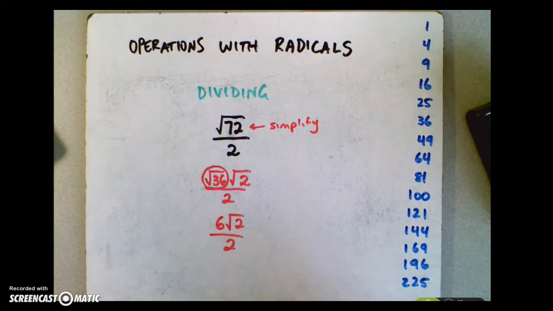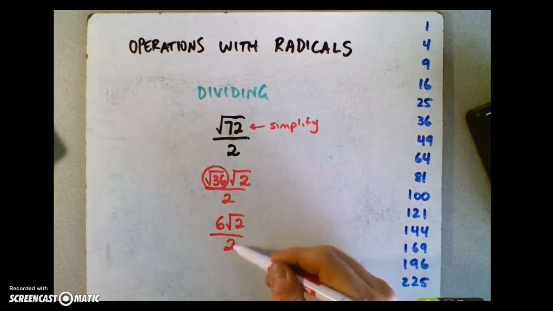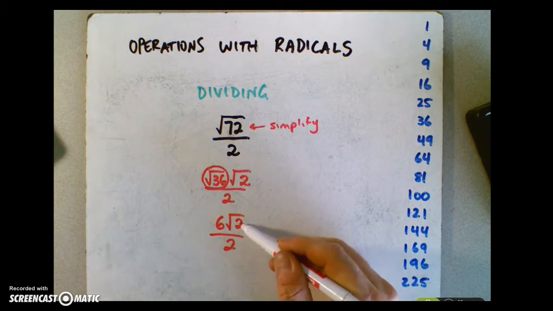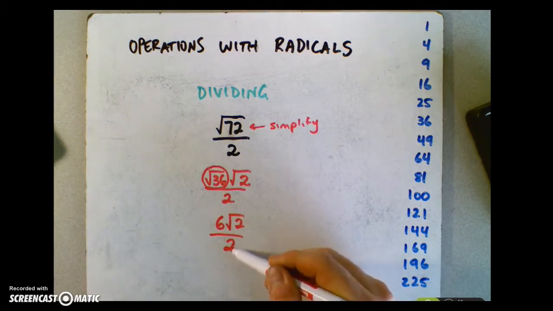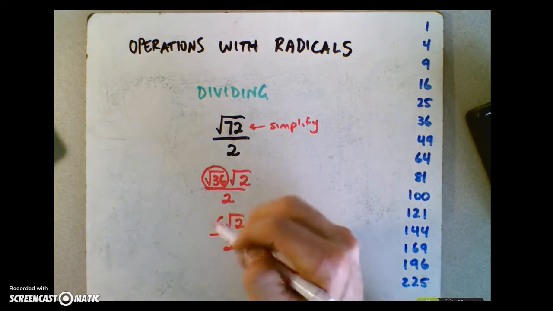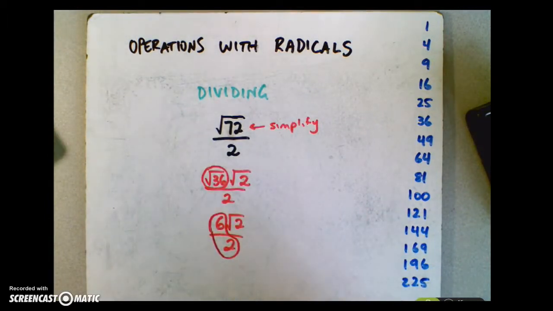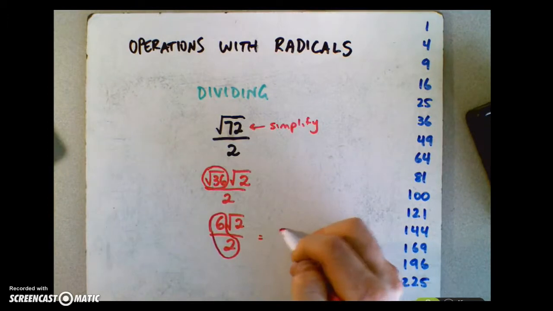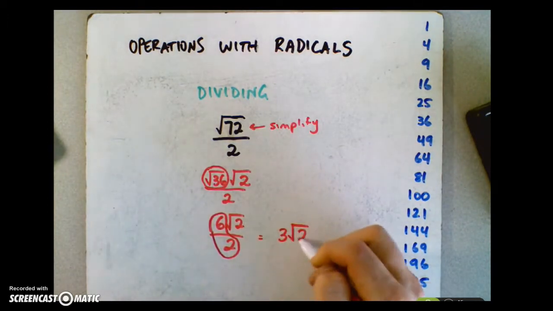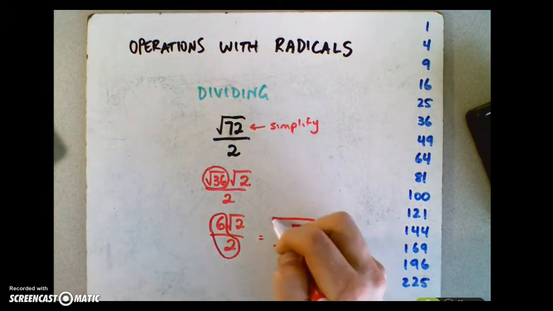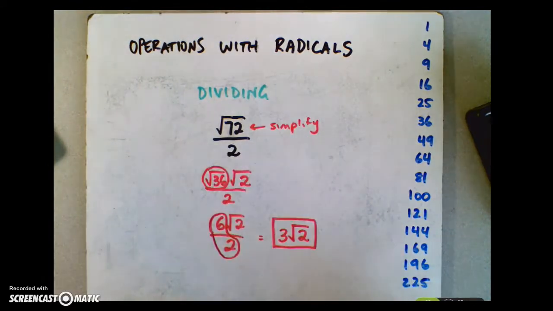Now I can do some dividing. I can't divide 2 and 2 because, once again, this is inside a radical, this is not inside a radical, but I can reduce these guys right here. 6 over 2 is 3, and the radical 2 just comes along, and that is fully simplified. 3 radical 2. Let's take a look at another one of those.